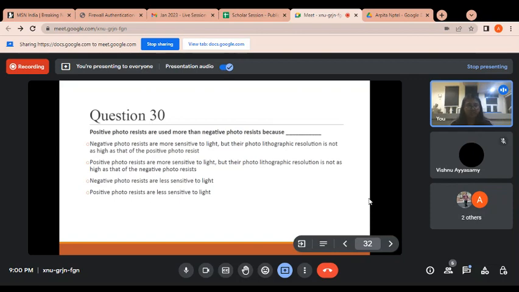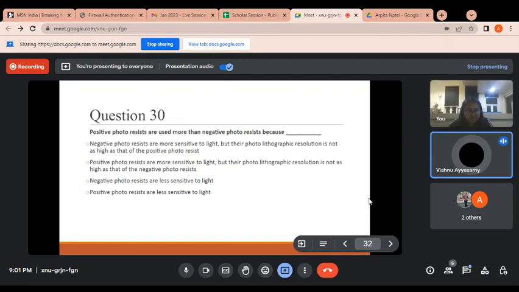So what is the right answer here, Vishnu? Try now. What is the right answer? Why are positive photoresists used more than negative photoresists? Vishnu?